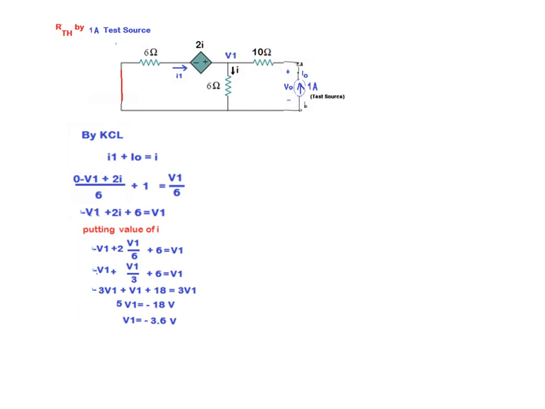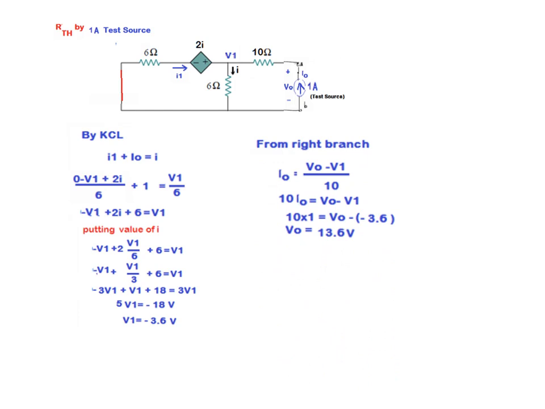If you look at the circuit, you can easily find V naught from the current direction here. So you can see that I naught is V naught minus V1 divided by this resistance.